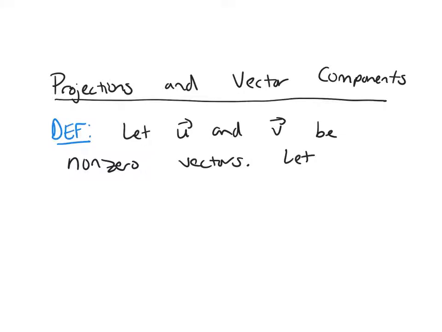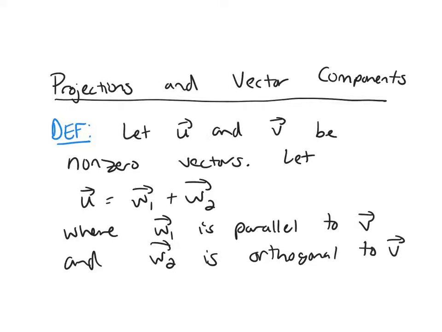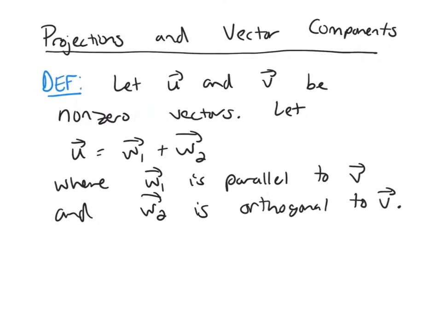And then what you can do is you can write U as the sum of two vectors, W1 and W2, where W1 is parallel to V and W2 is orthogonal or perpendicular to V. So you can break U up into these two parts right here.